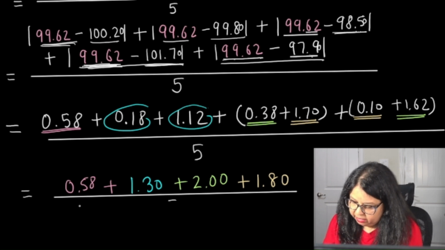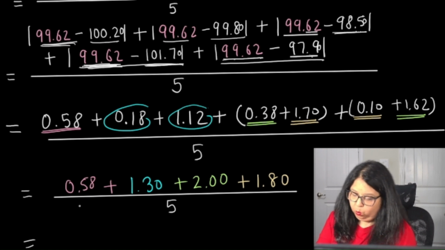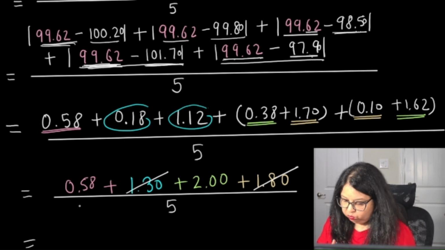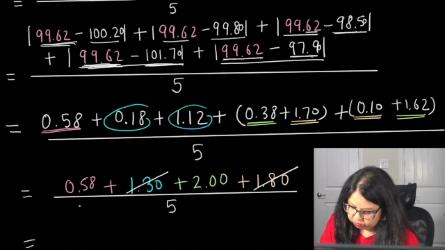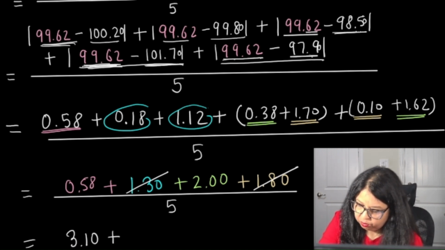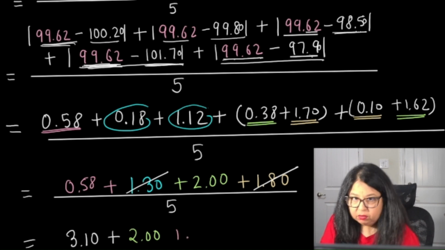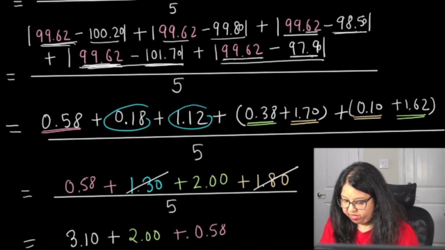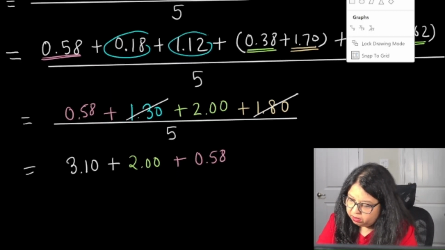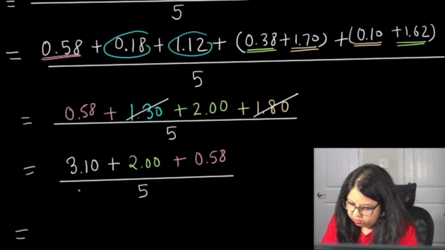Beautiful. Divided by 5. What do we have now? 1.30 plus 1.80 will give me 3.10. Then 3.10 plus 2.00 plus 0.58, divided by 5.